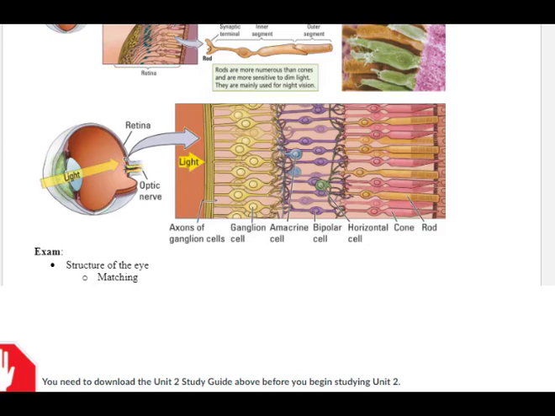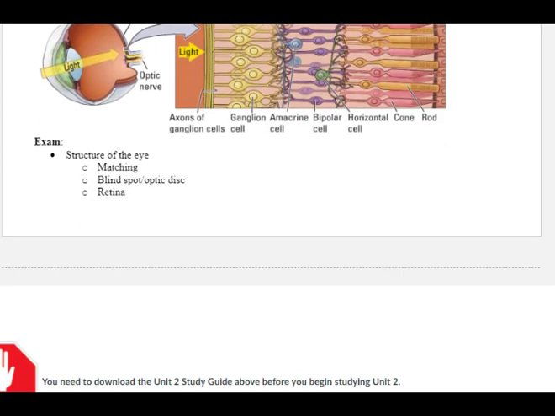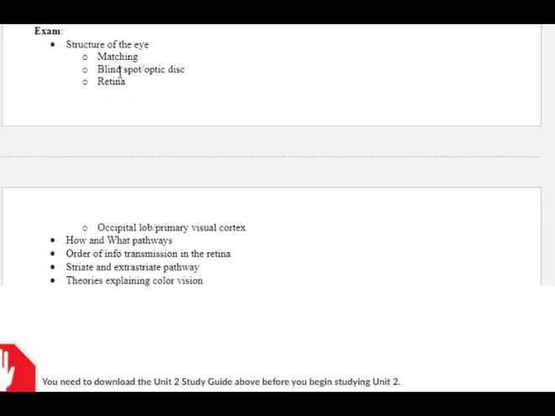All right. So again, use this study guide. So even if you hear more things in the lecture, use this study guide. And then here are some of the kinds of questions I might ask you. I might ask you to match something like the parts of the eye and what they do, or the kinds of cells and what they do. I might ask you to label, for example, the eye, the blind spot, the retina, something like that.